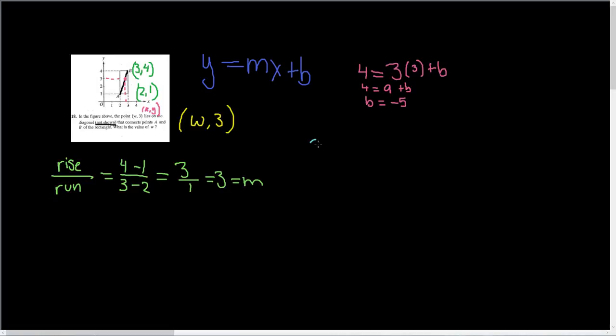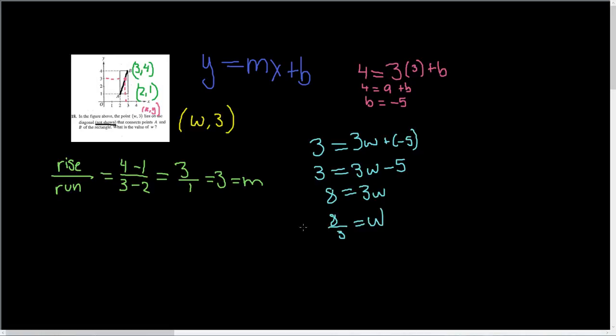We have the y value 3 is equal to m, the slope 3, times x, which is what we're trying to find, this w, plus b, which in this case is -5. Then we continue with our algebra and get that 8 is equal to 3w. Then we simply divide both sides by 3, and we get that w is equal to 8 over 3.